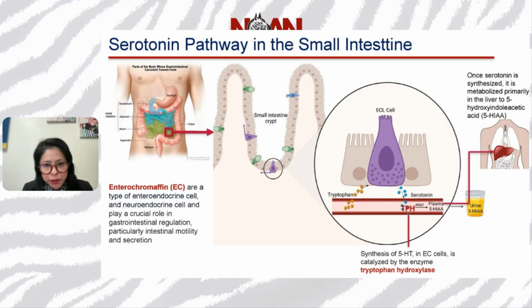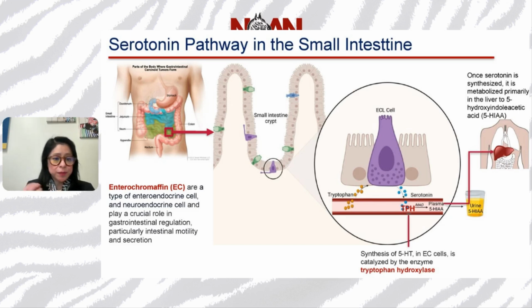As we can see here, I hope you can see my cursor, in the small intestine there are what we call intestinal crypts, and these are responsible for gastrointestinal regulation, as well as motility and secretion. In this small intestine, there are very specific cells, the enterochromaffin cells, which are a type of endocrine cell.